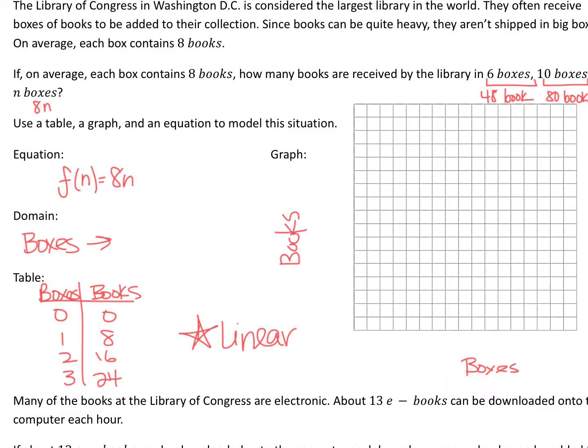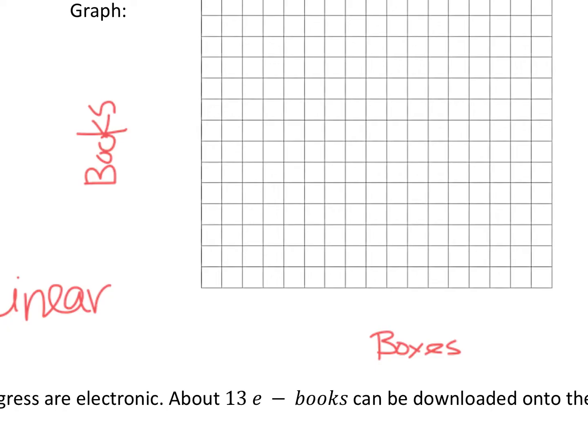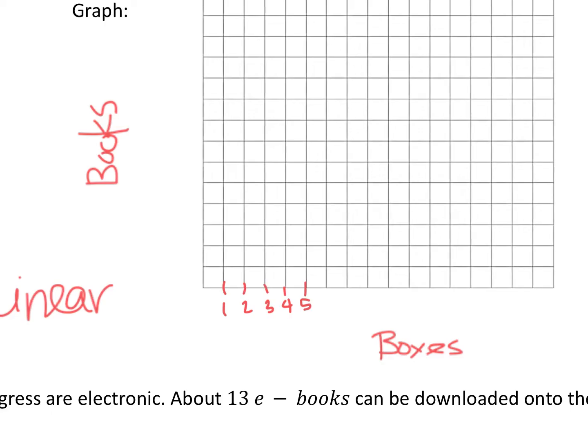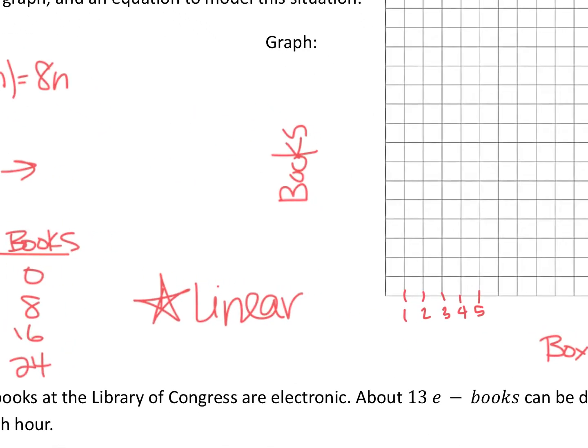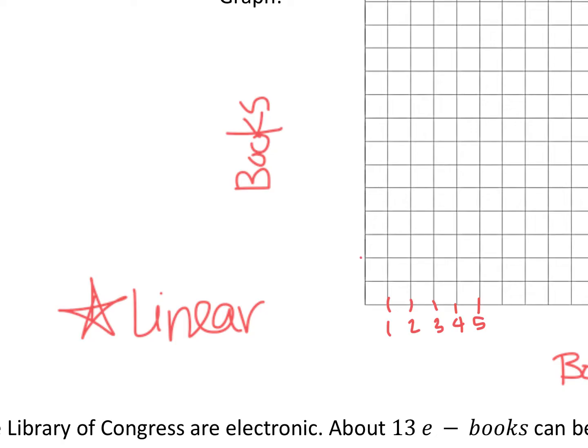Okay, I think I'm just going to go by ones for the x-axis. This will be 1, 2, 3, 4, 5. And then for the y-axis, let's go by, I think every box will be worth 5. So let's just label every second box going by tens. Okay.